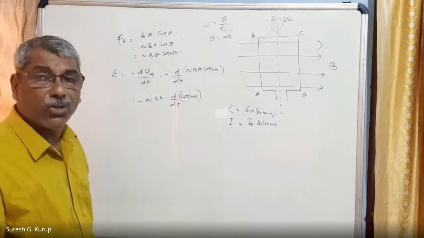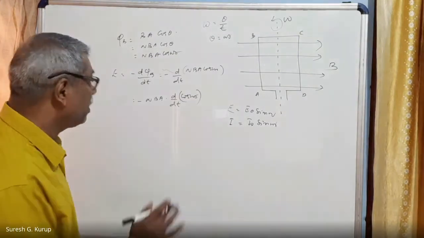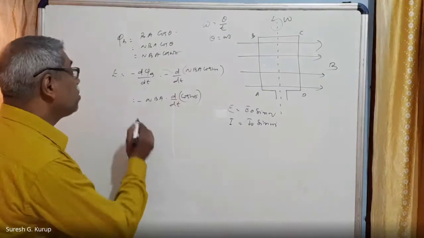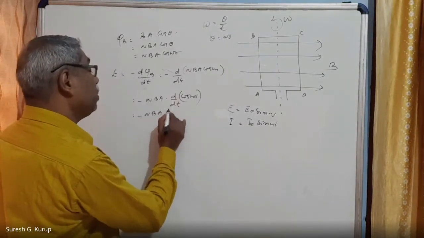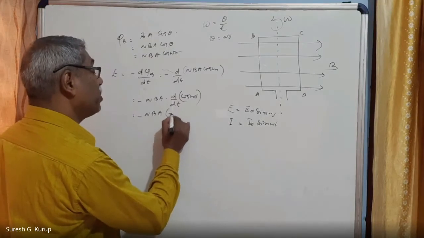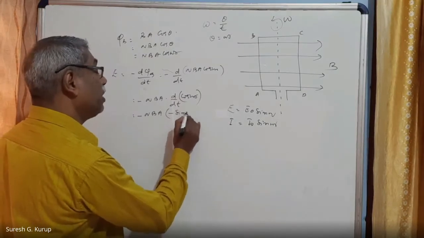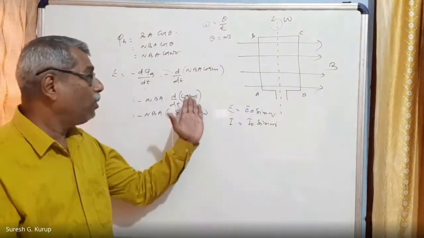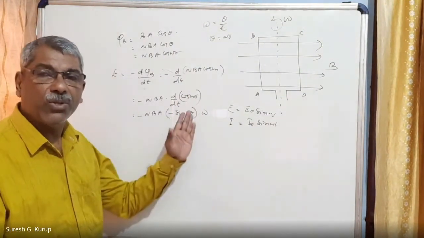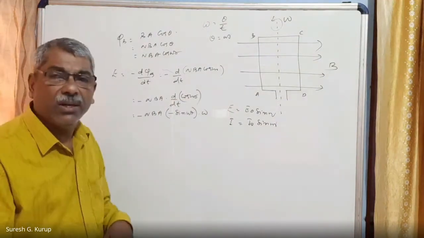D by dt of cos omega t is equal to minus sin omega t into omega, right? So therefore, we can write this is equal to minus NBA into minus sin omega t into omega. Because this is a function of a function, cos omega t.